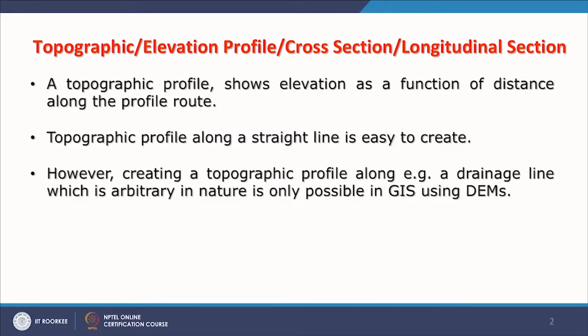A topographic profile along a straight line is easy to create. However, creating a topographic profile along a drainage line, which is arbitrary in nature, is only possible using GIS and DEMs. This is the point which I am re-emphasizing here.